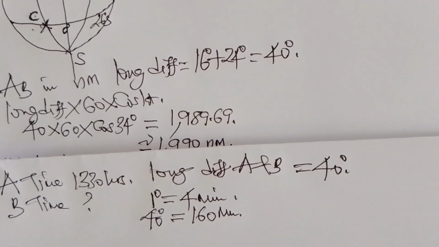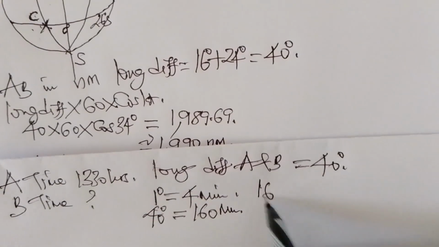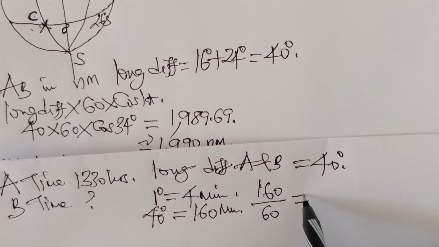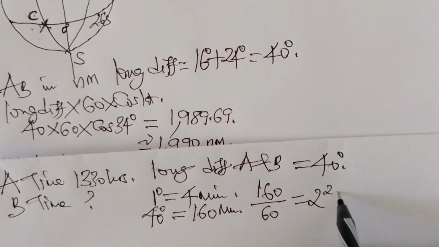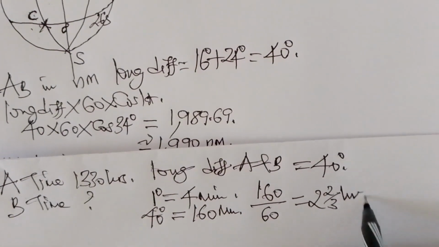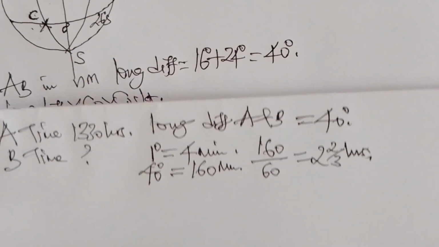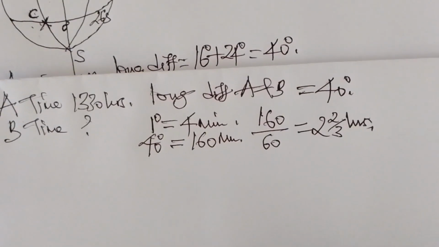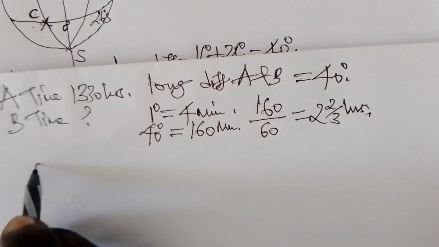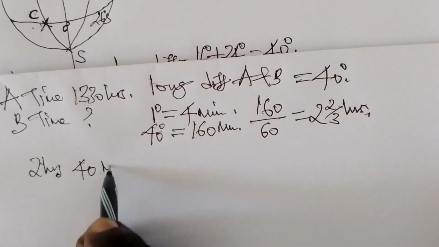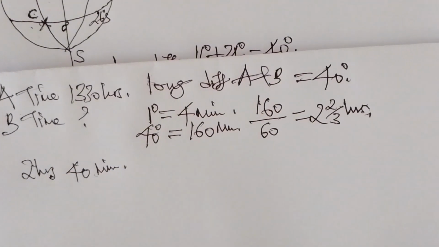Dividing by 60, 160 over 60 gives 2 2/3 of an hour, which is 2 hours 40 minutes.